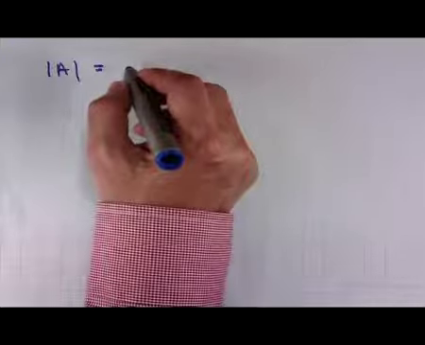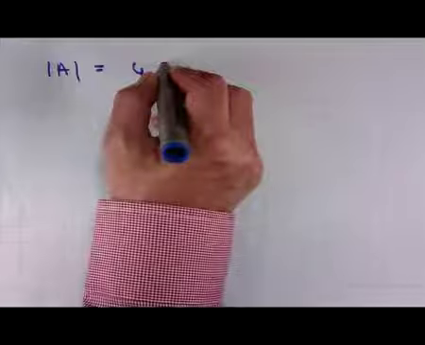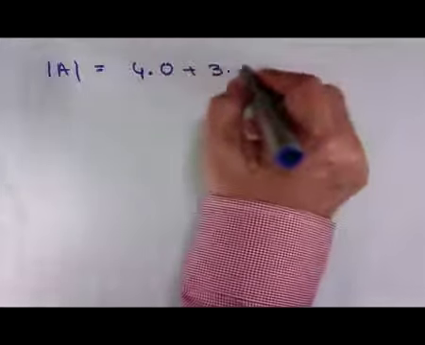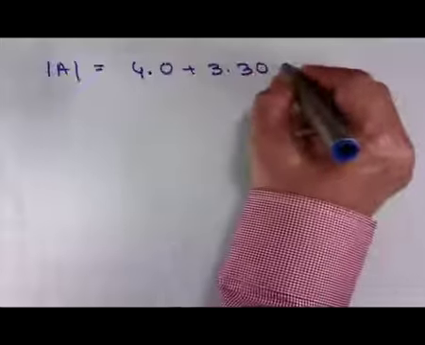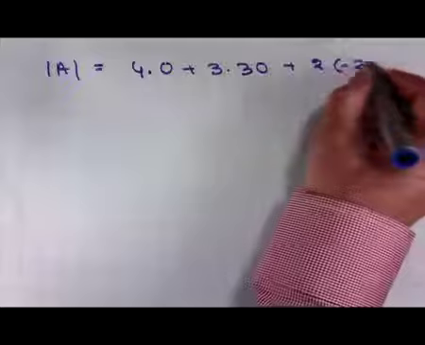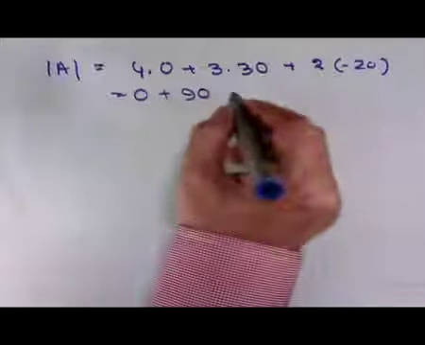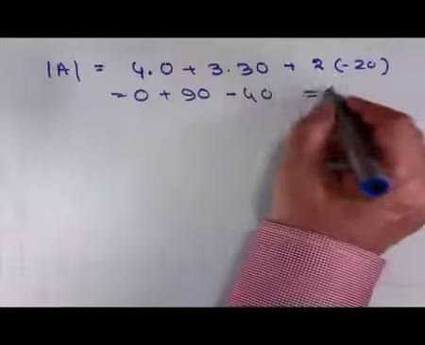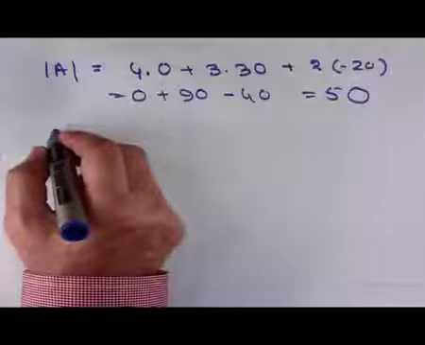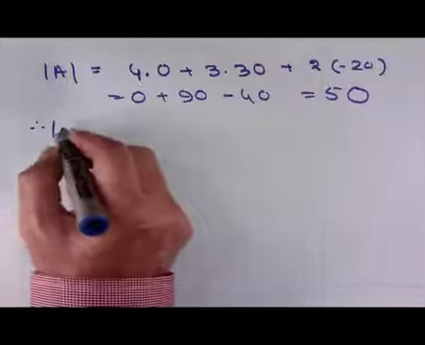Therefore, what we get is 4 into 0 plus 3 into 30 plus 2 into minus 20, which is equal to 0 plus 90 minus 40, equal to 50, which is non-zero. Therefore, division by 50 makes sense.